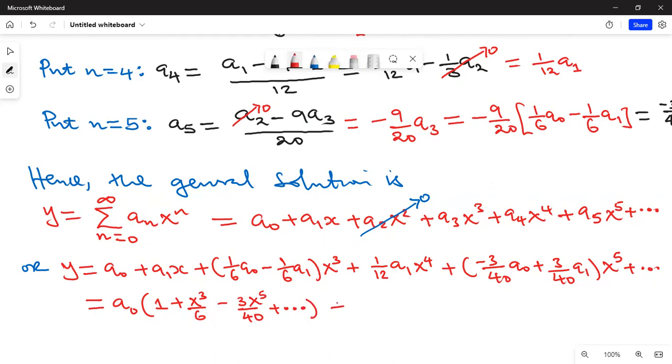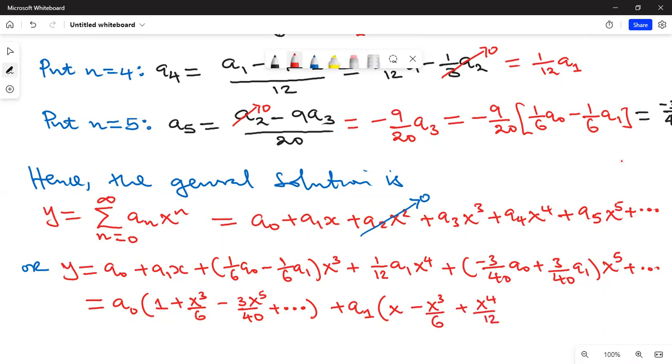Then what about those with a1? With a1, we have x. The other one is negative x cubed over 6. Another one is x raised to 4 over 12.